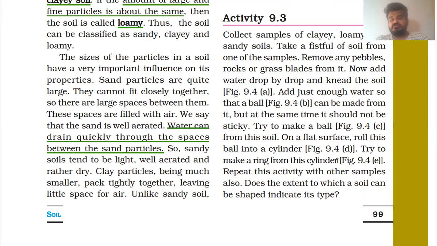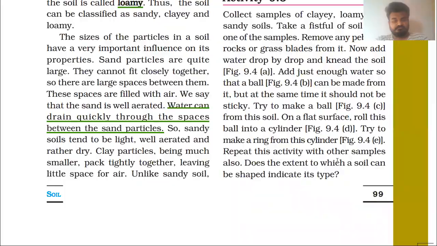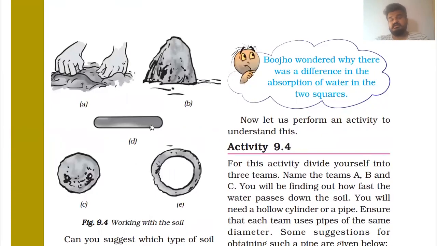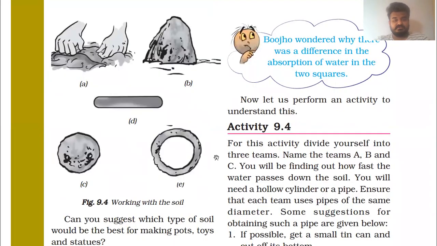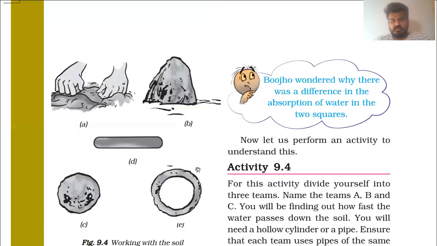Roll this ball into a cylinder, as given in figure 9.4d. Try to make a ring from this cylinder. If you join both ends of the cylinder together, it will form a ring like this one, 9.4e.